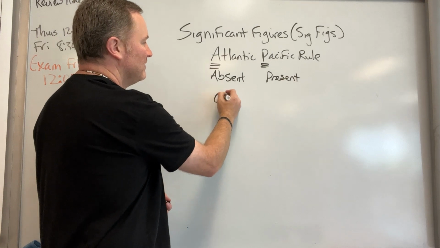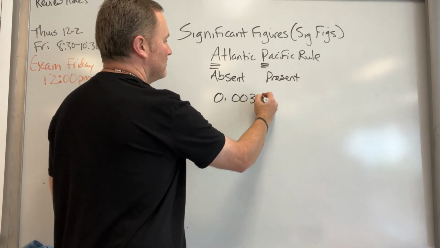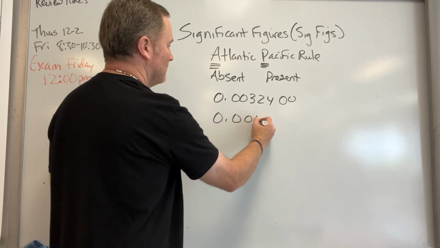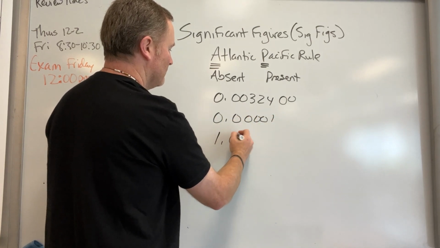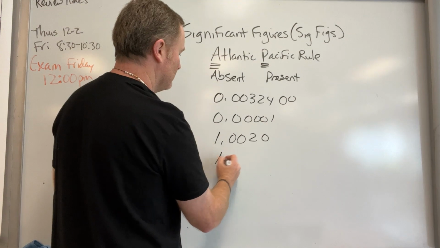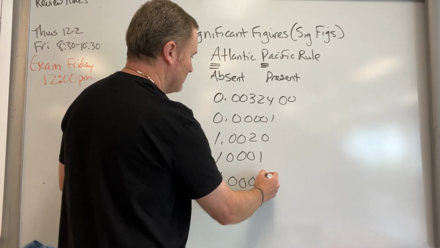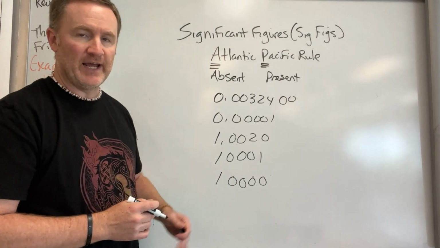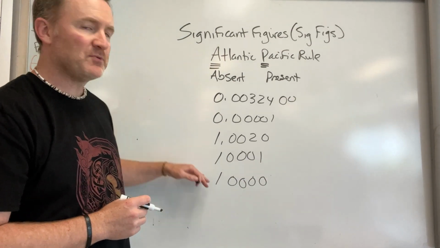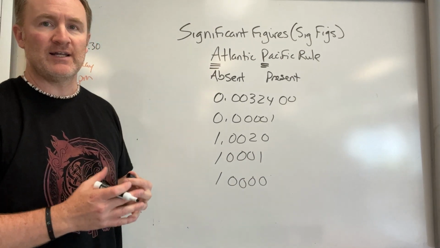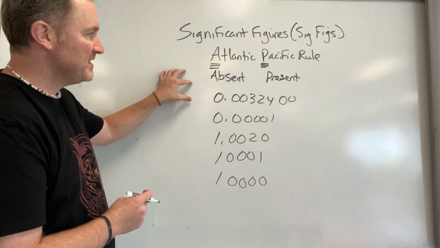So for example, let's take a look at a couple of numbers. Some of them have decimals and some of them don't. If we look at this one, the decimal's present, so we're going to start on the Pacific side of the number, which is this side over here.